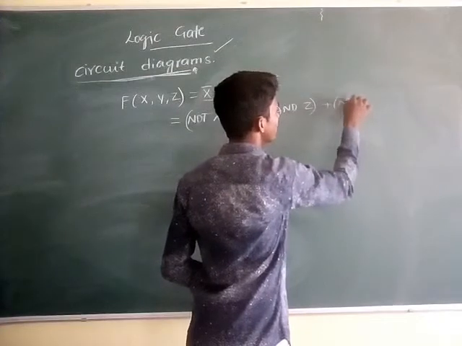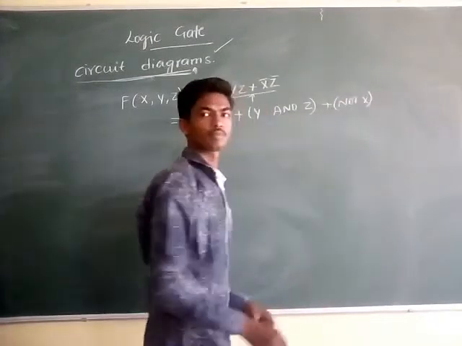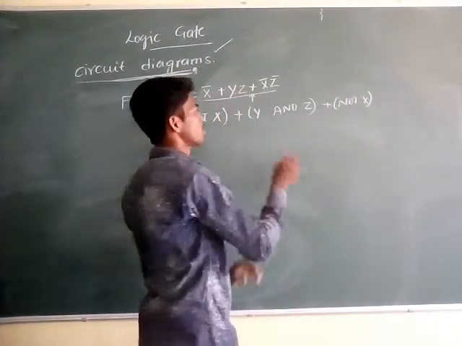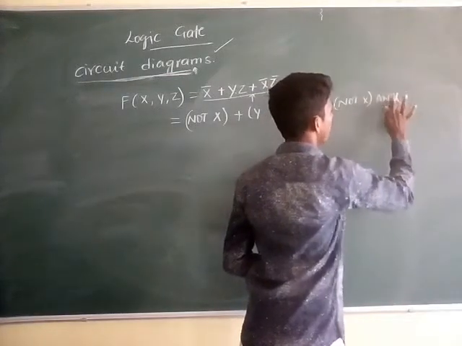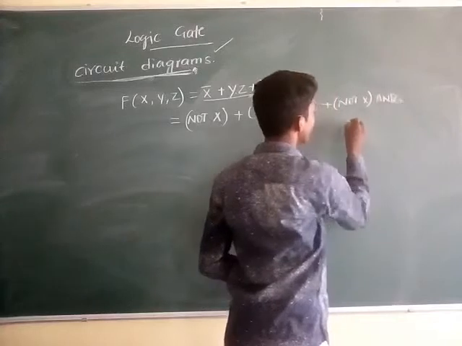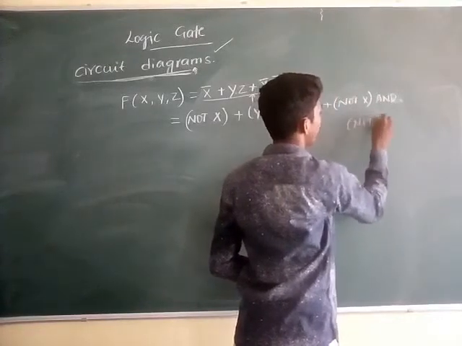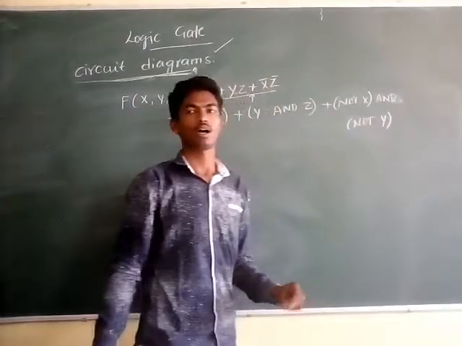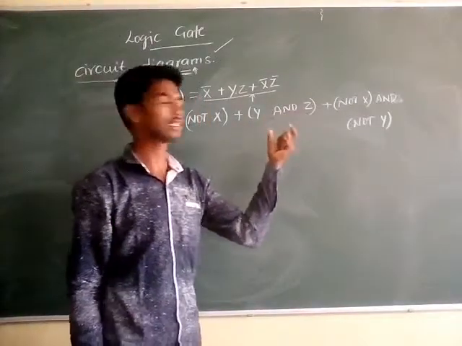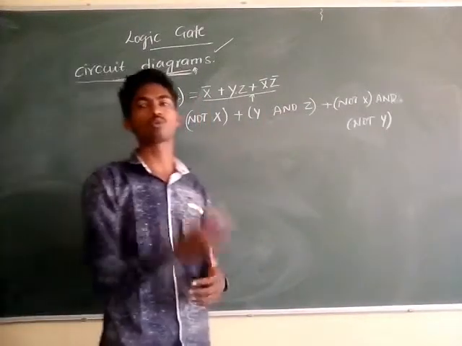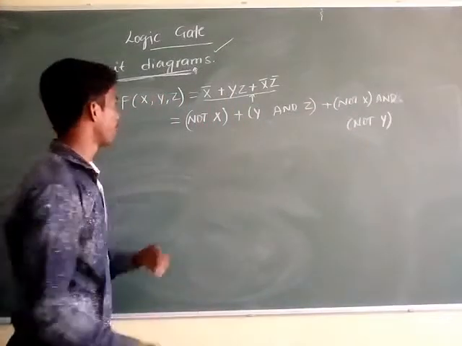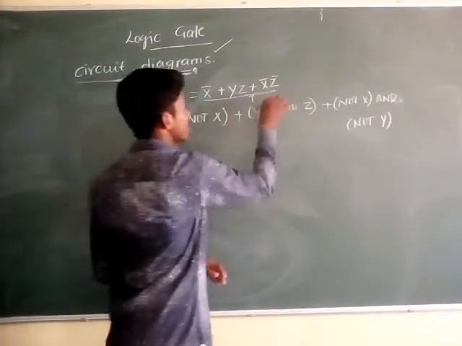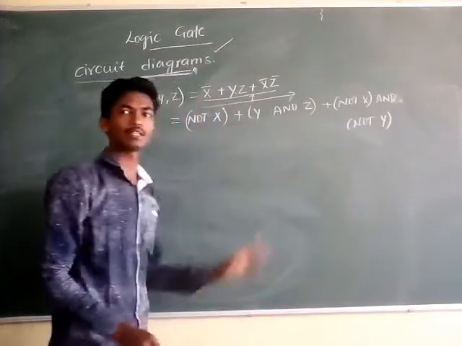For that, between NOT X and NOT Z, we have the AND operation, and NOT Y. This is the step we need. It is easy to understand how to draw the circuit diagram for the given expression.